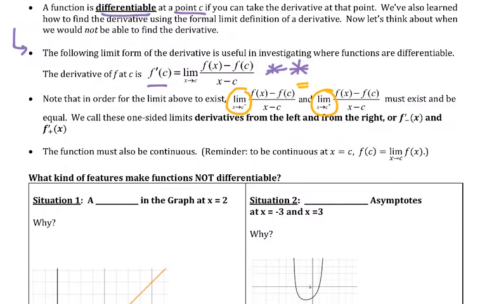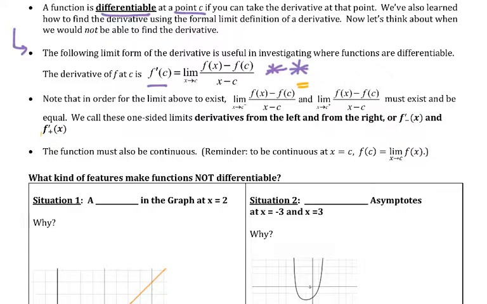In terms of notation, as we're looking at derivatives from the left and from the right, we are going to use this notation. F prime, you can see this negative symbol, that means from the left. And then here, F prime, we use that plus symbol to show that you're taking the derivative from the right-hand side.